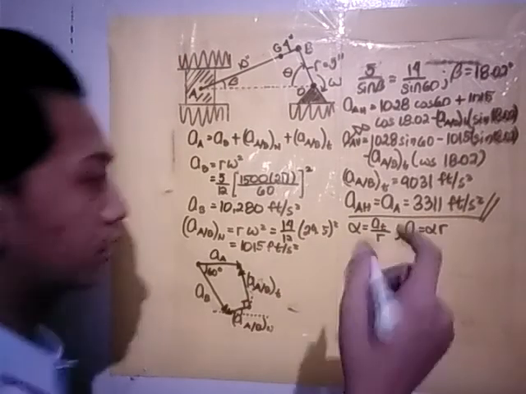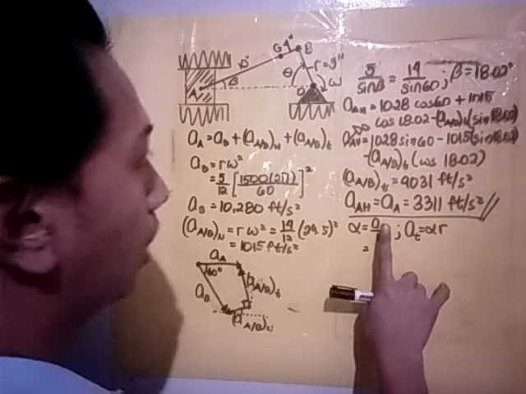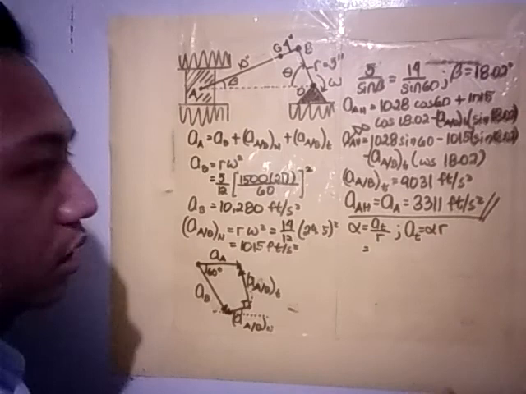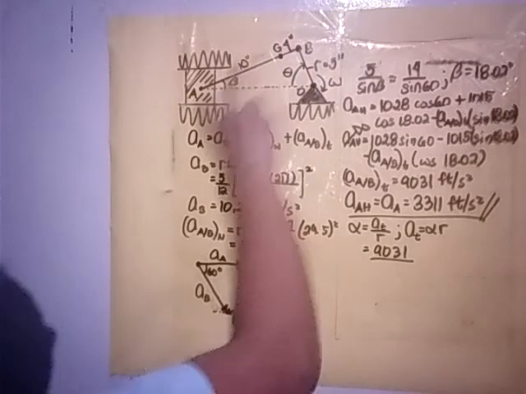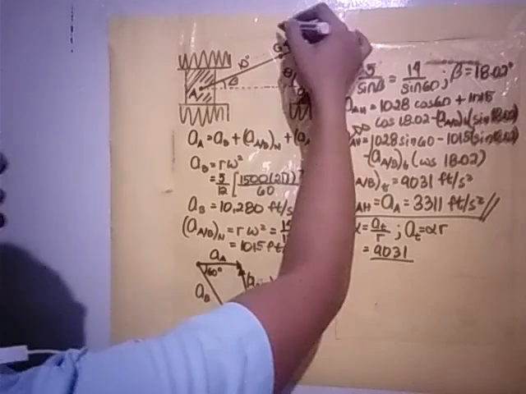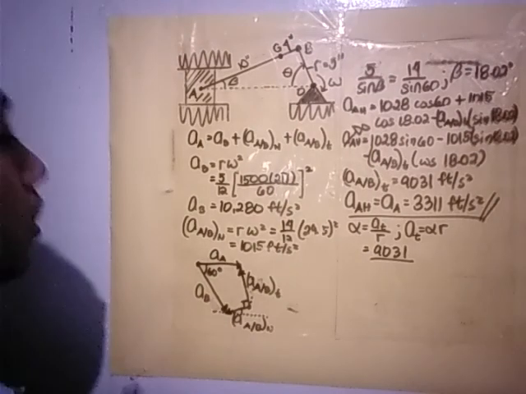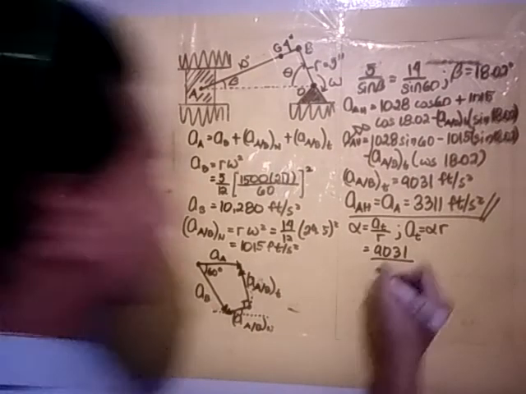So, substituting the given, yung ating A tangential, which is ito, AB tangential, is 90.31 divided by our R. Kasi, ang hinanap sa atin is yung acceleration ng connecting rod AB. So, meron siyang curve path dito. So, yung ating radius is 10 plus 4, so 14 inches.